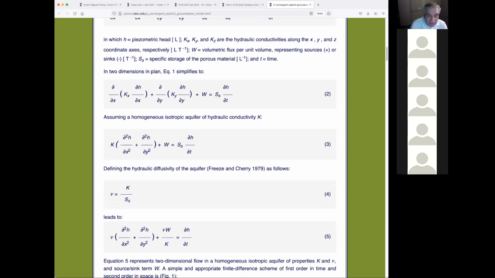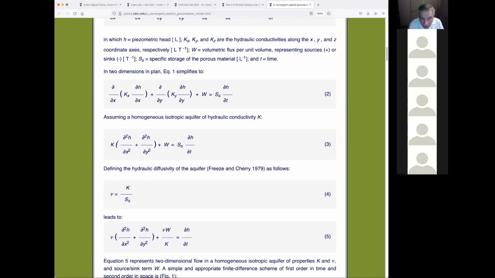Okay, this is a situation. People talked about the K and the S sub S. The K is the hydraulic conductivity, L over T, feet per second, the speed through the porous media. And S sub S is the specific storage. But they did not associate them together.